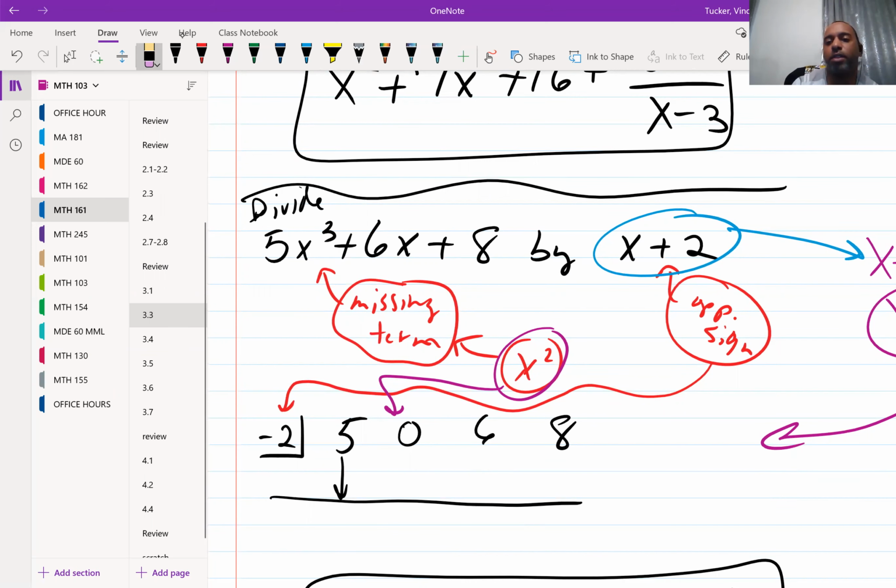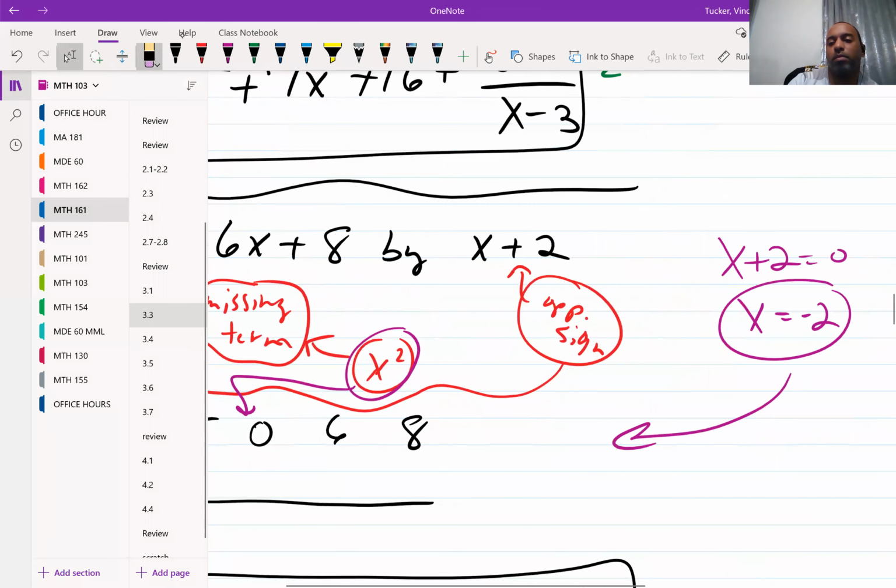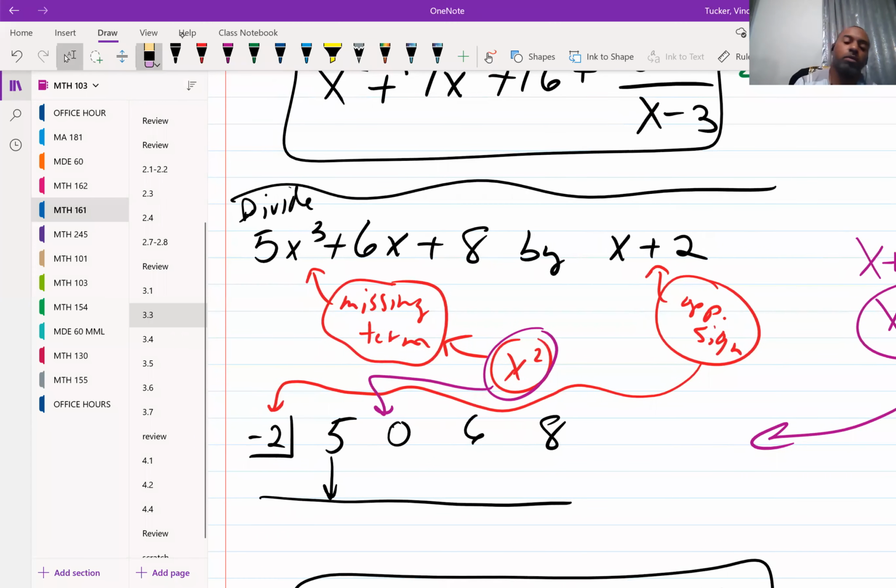We're going to divide that by x plus 2. So once again, we use the opposite sign of the number that is with x. In that box, and then we use each one of our coefficients. Notice we were missing the term of x squared. So just like before, we want to use a placeholder for that. So we put x squared as 0. So that's 5, 0, 6, and 8.